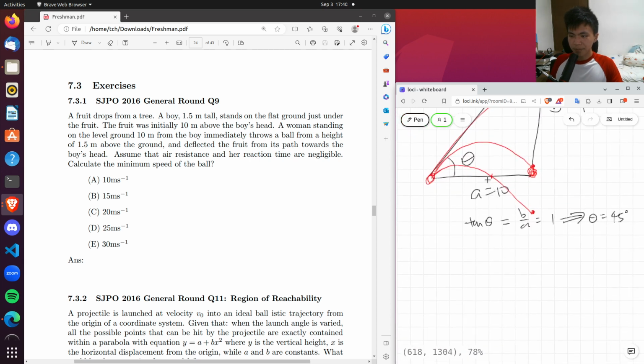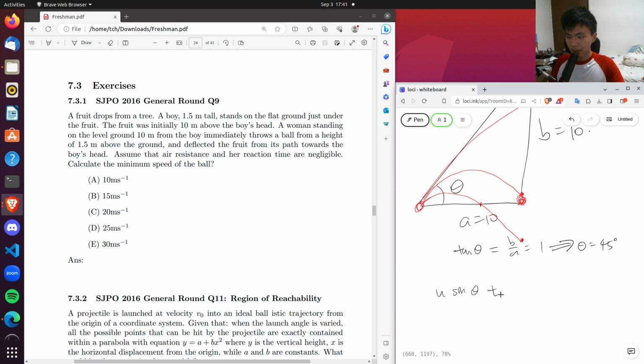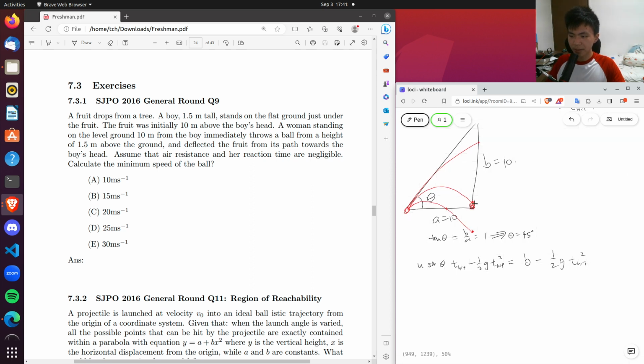So the equations will look something like that. u sine theta, now we're considering the vertical component of velocity, times t hit, minus half g t hit squared equals b, minus half g t hit squared. So this is when they hit, but we want the hitting to happen at height 0.